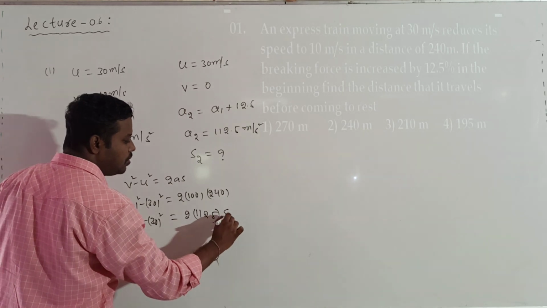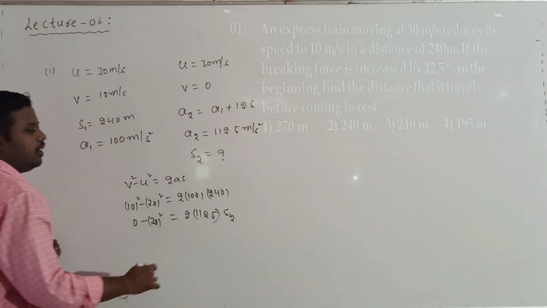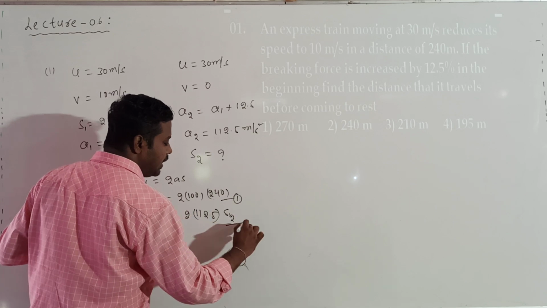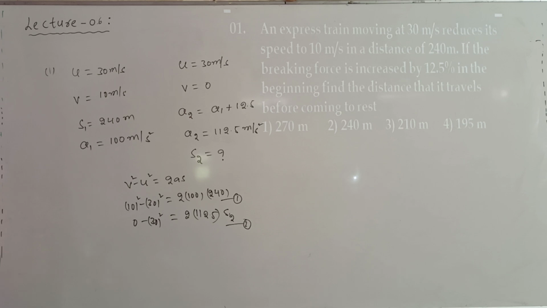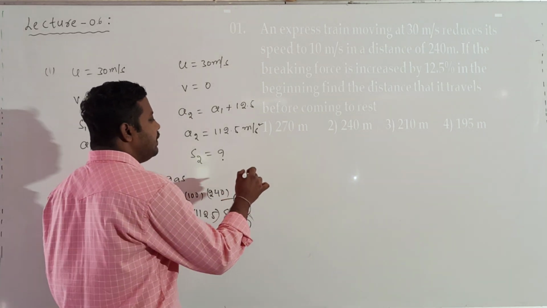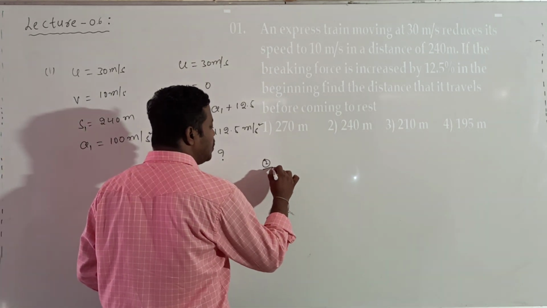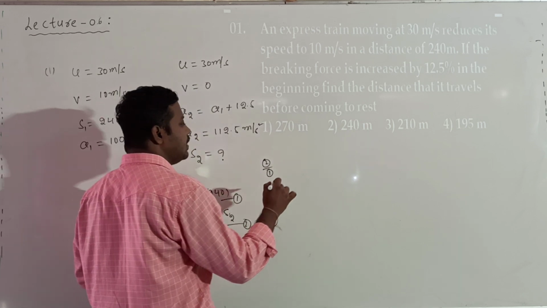Can I call the first one equation 1 and the second one equation 2? Now which value do I want to calculate? I want to calculate the value of s2. When I divide equation 2 by equation 1, what will we get?